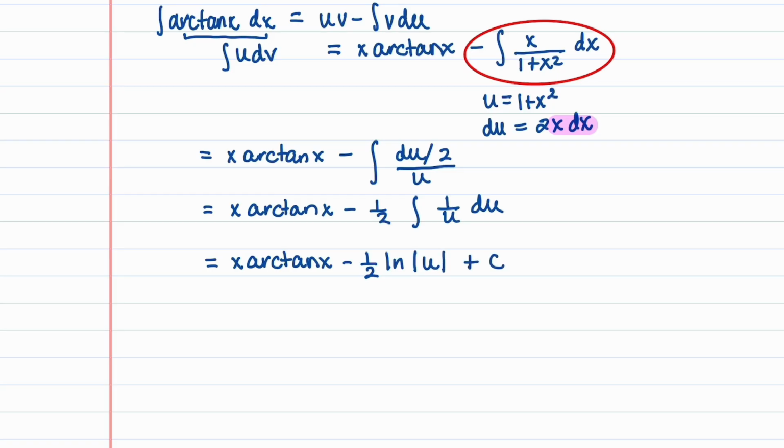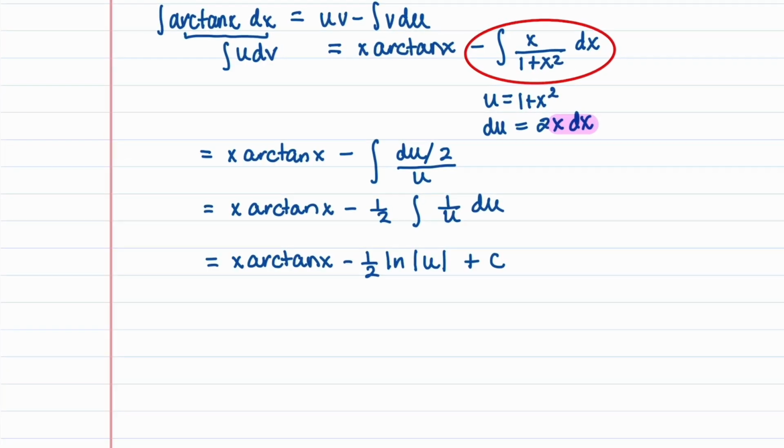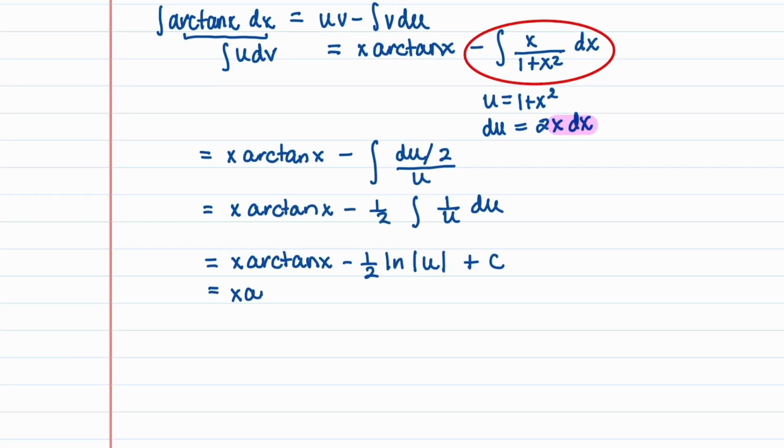Now let's go ahead and plug back in what u is. So this is x arctan x minus 1/2 natural log. Now, let's go back up here to the right-hand side at the top. There's our u. Notice that it's 1 plus x squared, so it's always going to be positive, so we can drop the absolute value sign. And this becomes 1 plus x squared, and then we'll put our plus c there, but in a second here, we're going to get rid of that.